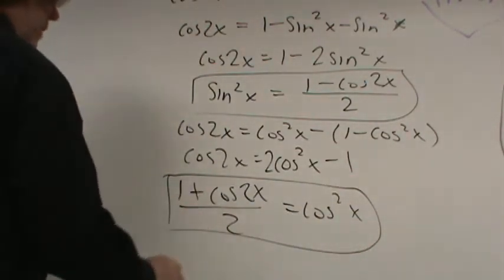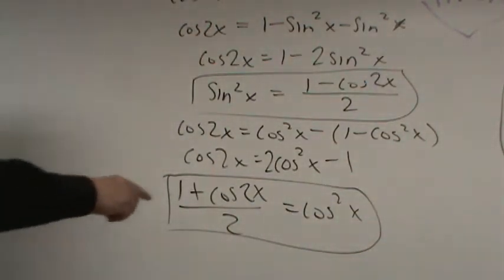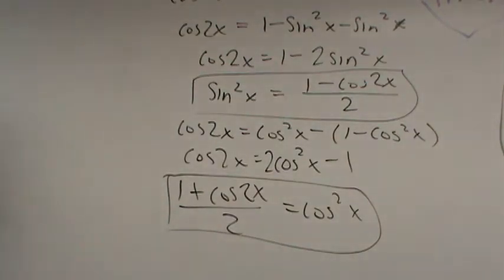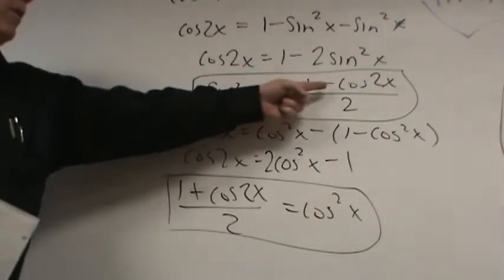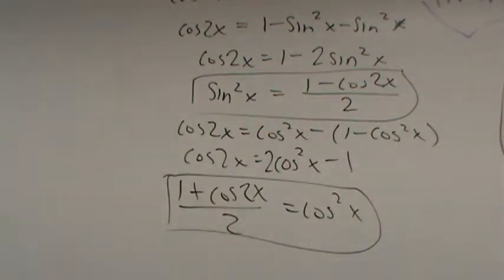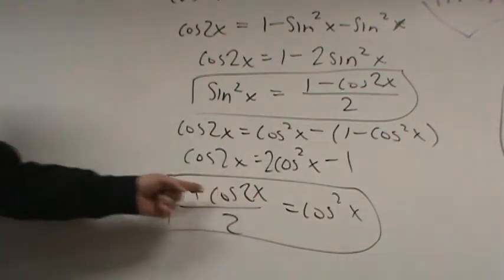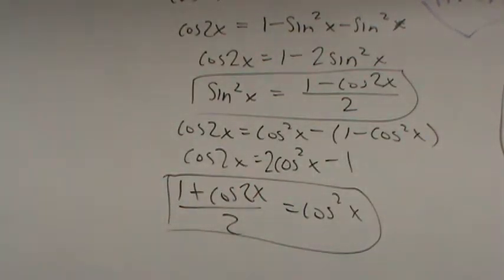So that's a plus, by the way. So those are my two substitutions. I'll either do sine squared equals 1 minus cosine 2x over 2, or cosine squared equals 1 plus cosine 2x over 2. Yes?